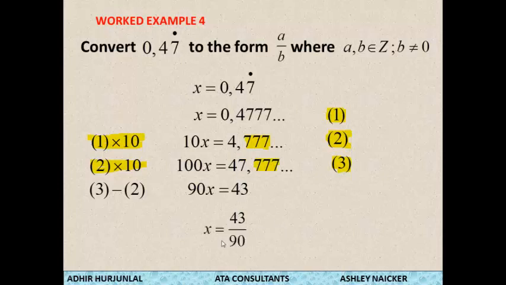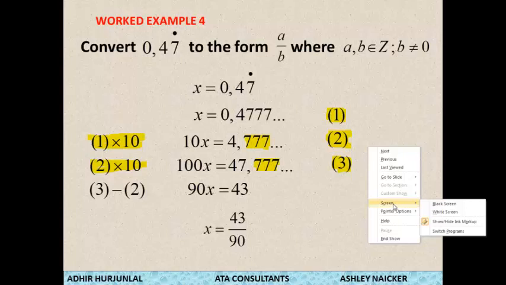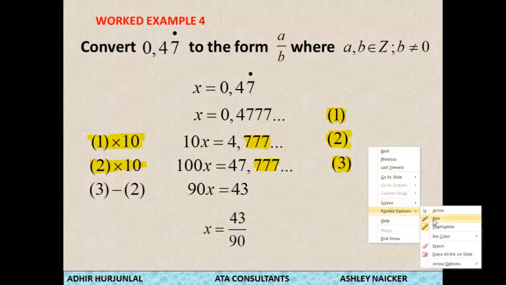I solve for x. X is equal to 43 divided by 90. And of course, guys, remember I mentioned to you before, if you can simplify this fraction, simplify. If you cannot simplify the fraction, you leave it where it is. No problems, you will get the full marks.